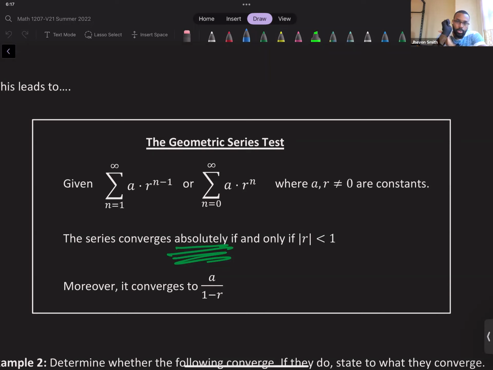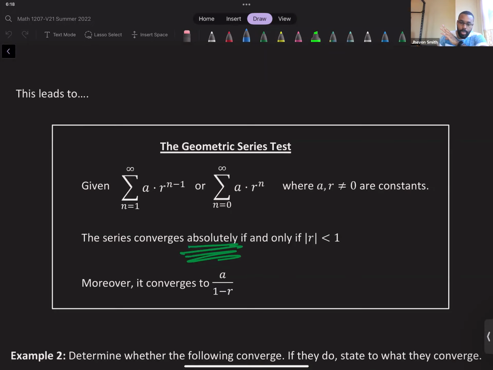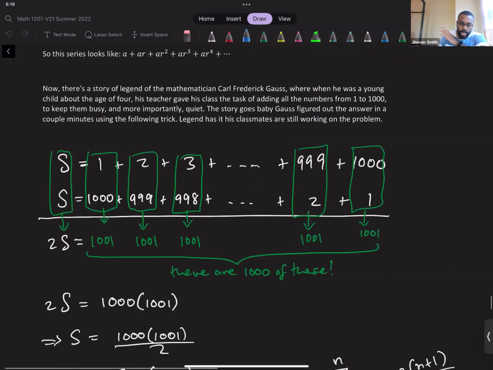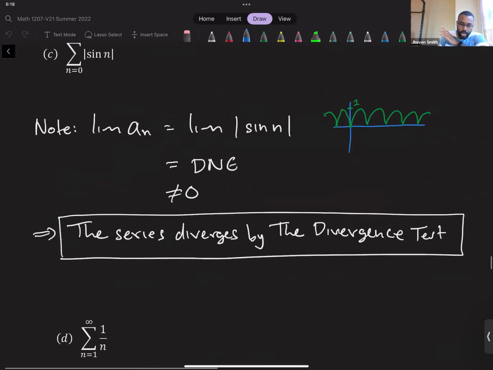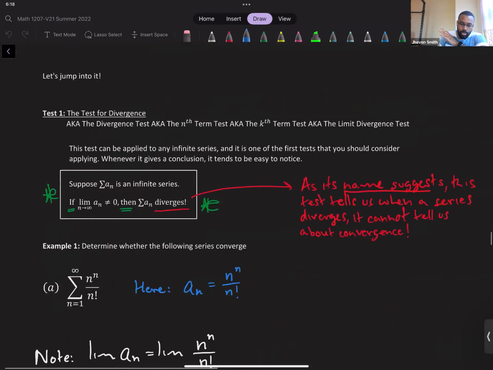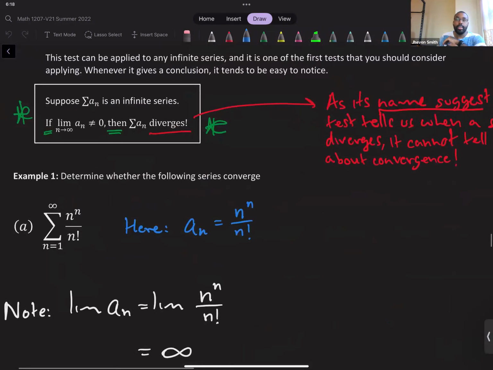So far, we've looked at the geometric series test, and we've also looked at a very important kind of test, which is the test for divergence. And remember, as the name suggests, this can only tell you about divergence. You cannot use the test for divergence to say something converges. It cannot be done.